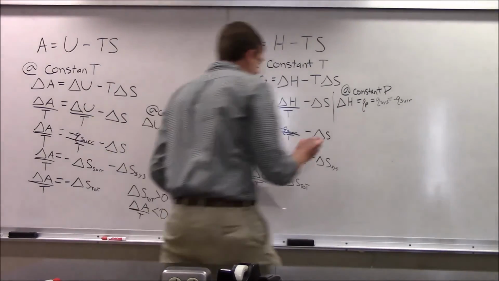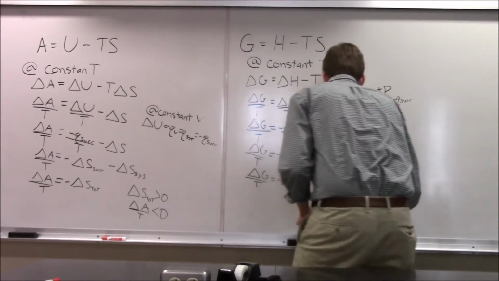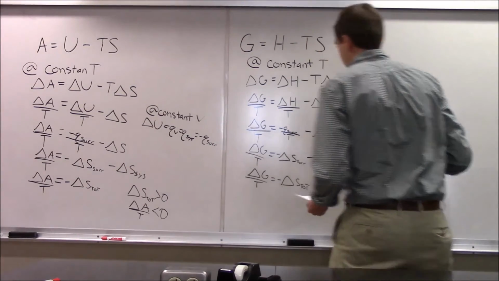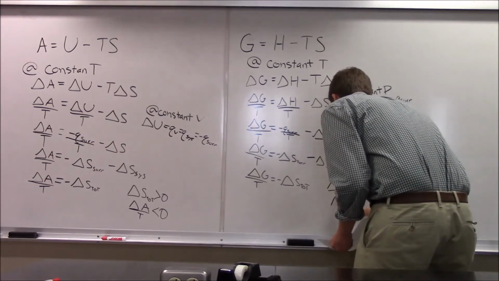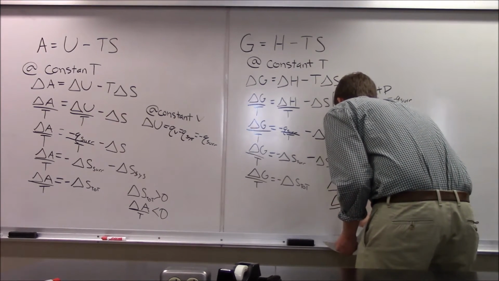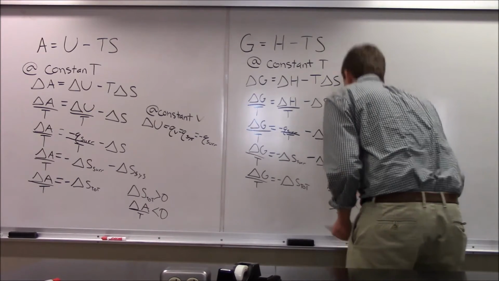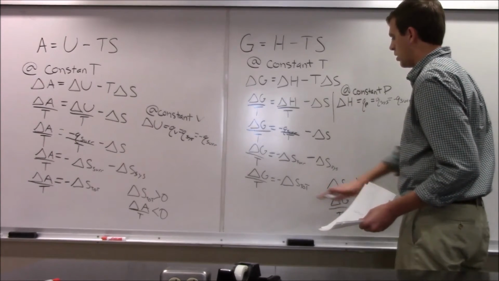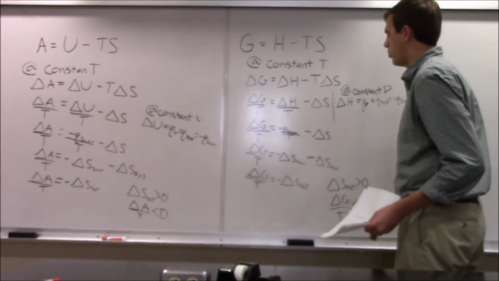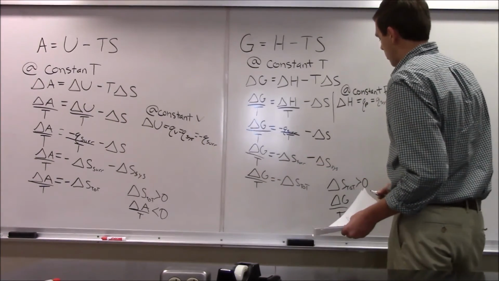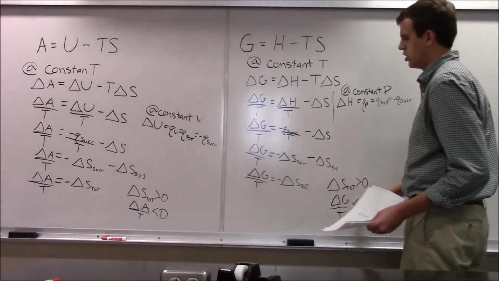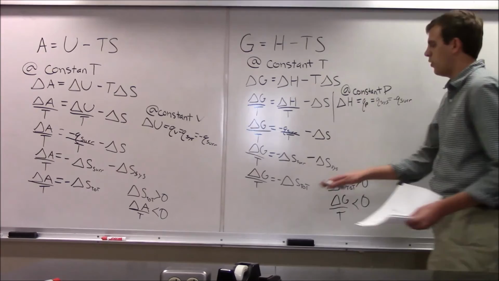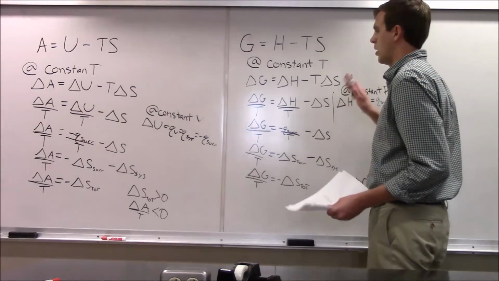Following similar logic, we know that the entropy change of everything has got to be greater than 0 for a spontaneous process. Thus, our change in Gibbs free energy over temperature has got to be less than 0 because of this negative sign. So this shows not only the relationship between the total entropy change and our Gibbs free energy change, but also derives the relationship with this inequality. Once again, this is only valid for constant pressure and constant temperature.